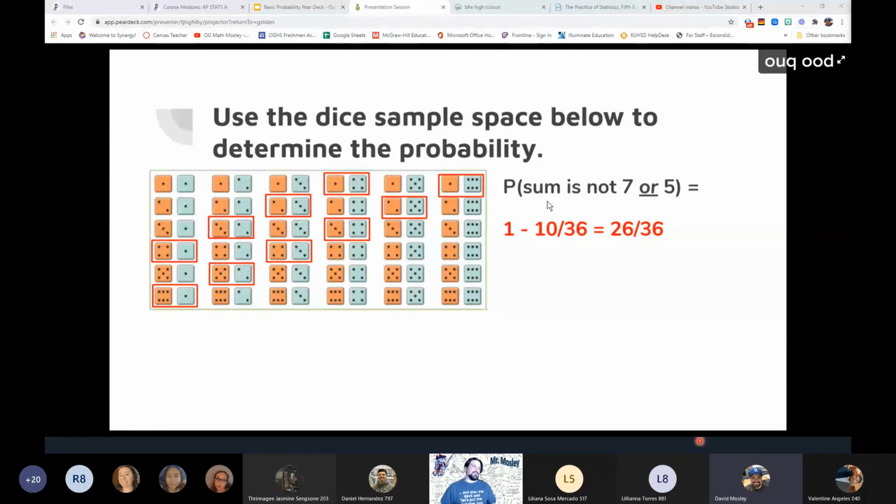So we use the complement rule, right, for disjoint sets. And that is 1 minus the probability that the sum is 7 or 5, which was 10 out of 36, which we found earlier. And that will be 26 out of 36. So that means there's 26 possible combinations of two dice where their sum is not 7 or 5. Okay? It's all the other options, essentially.